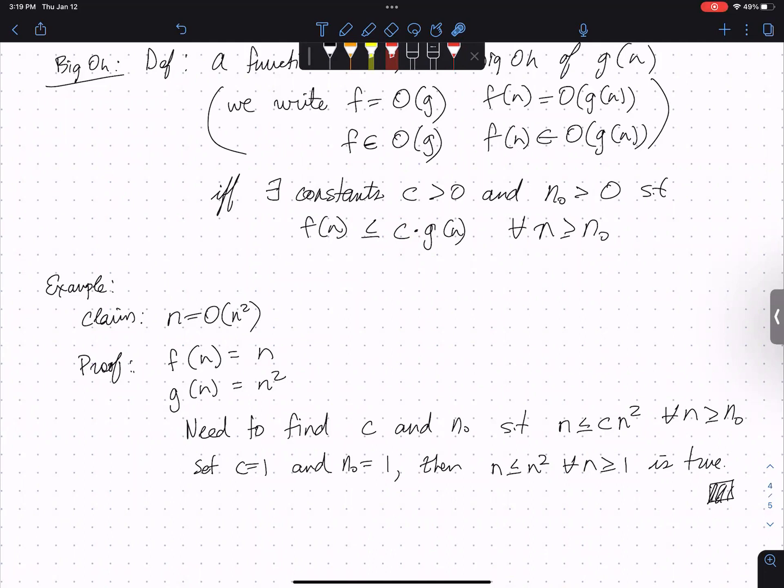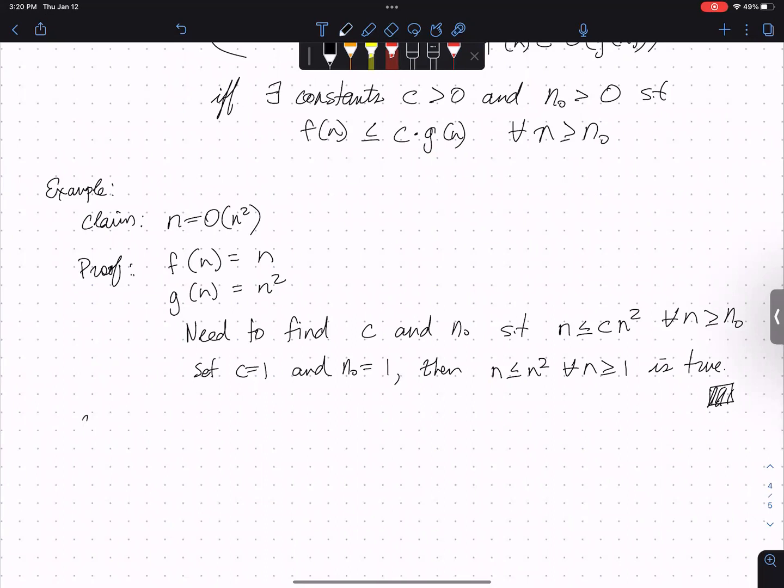I'll show you an example in a second. The other thing is you only need g to be greater than f for big enough values of n. So for small values, the functions are allowed to do whatever they want, as long as there comes a point after which this thing holds. So those are the two main ways in which big O is different than just saying less than or equal.